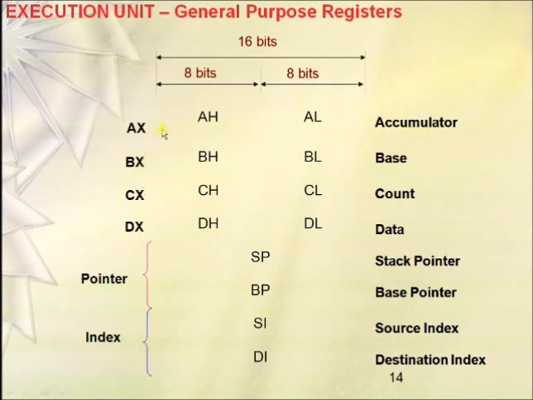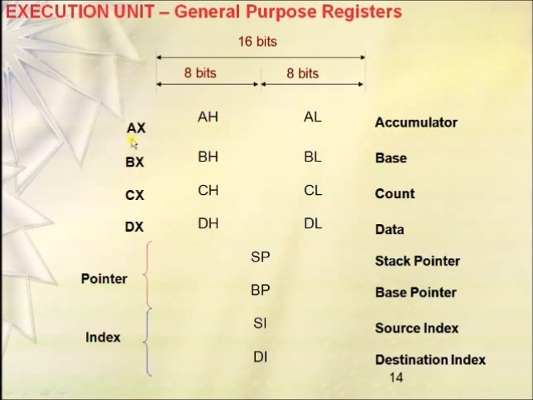All these registers can be accessed as 8-bit halves, named AH and AL, BH and BL, CH and CL, or DH and DL, or else they can be accessed with their 16-bit register names like AX, BX, CX and DX.